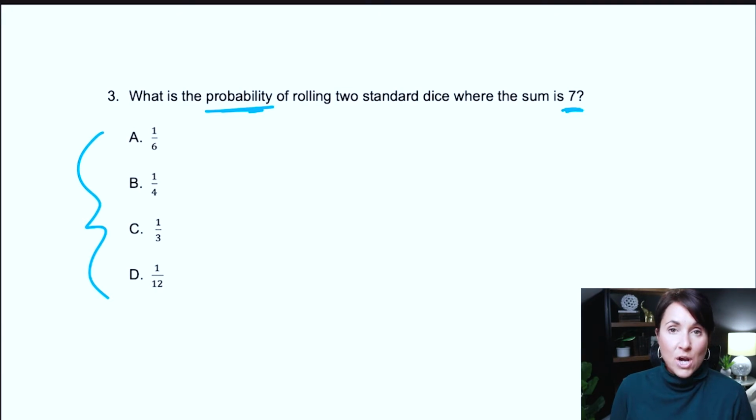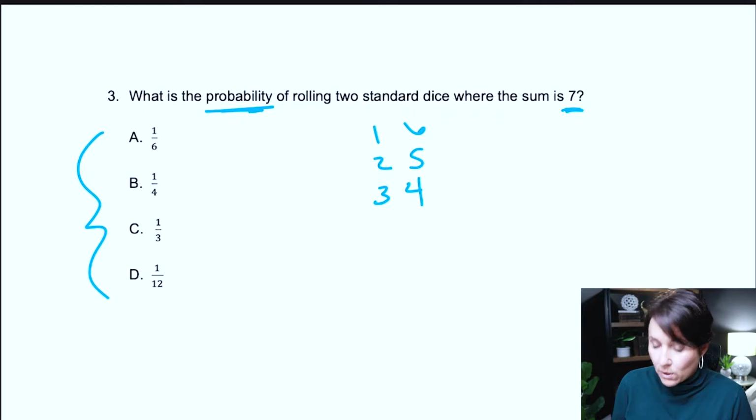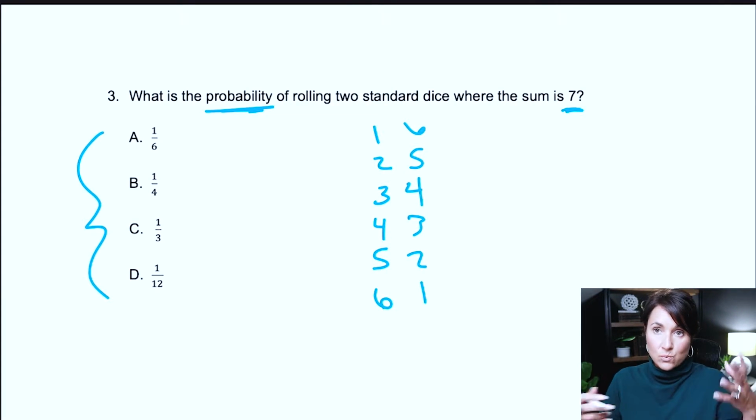What are all the ways in which I can roll a 7? I have 2 dice in my hand. I throw them. What are all the ways I can roll a 7? Well, I can roll a 1 and a 6, right? I can roll a 2 and a 5. I can roll a 3 and a 4. Well, I can also roll a 4 and a 3, a 5 and a 2, and a 6 and a 1, right? Because this is all the ways in which I can do that.